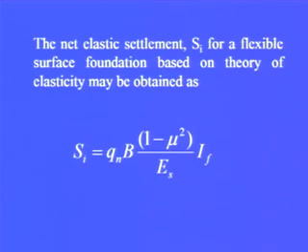As we have discussed, in the case of sands, mostly the settlement is of the immediate nature, because the permeability of the sand is far greater than the permeability of clay, and hence whatever settlement takes place, that takes place immediately or during the loading itself. So, in that case this method is very useful and we can determine this immediate elastic settlement.